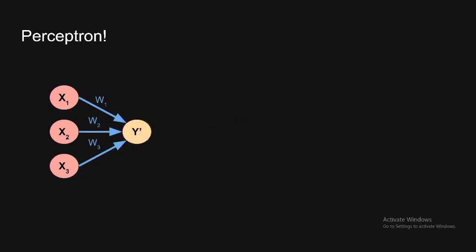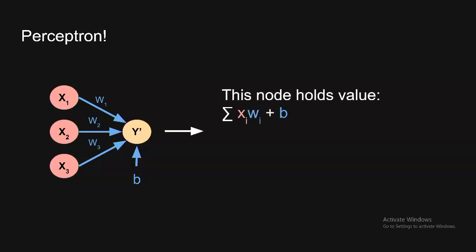Let's remind ourselves of the perceptron, everyone's best friend. We take in some number of inputs, in this case 3. They go through this weight layer, where we have one weight corresponding to each of the inputs. We multiply and sum them all, and then we add a bias. Can't forget the bias.